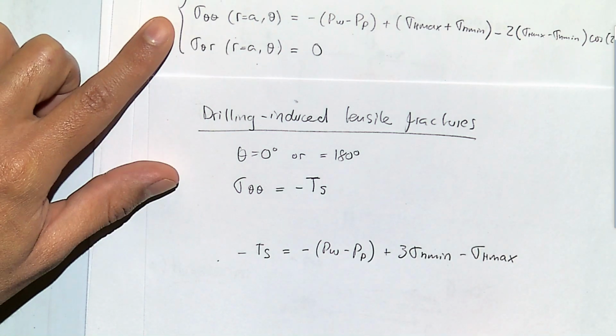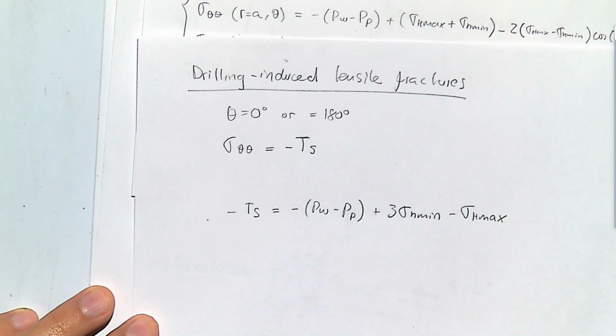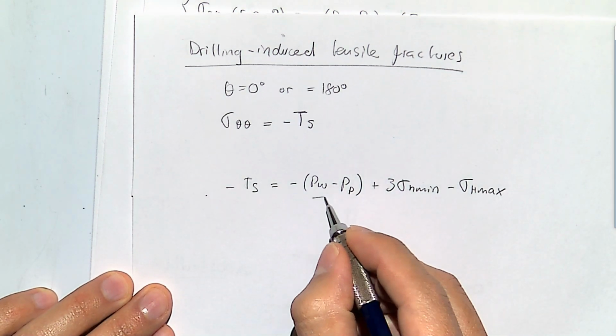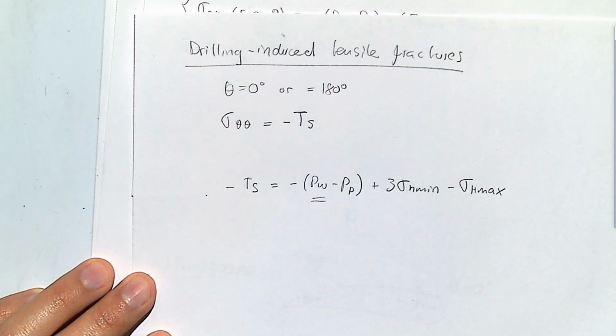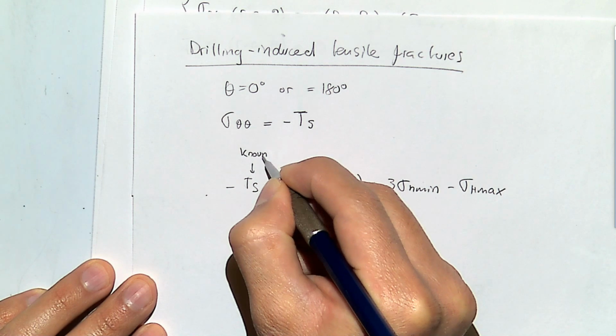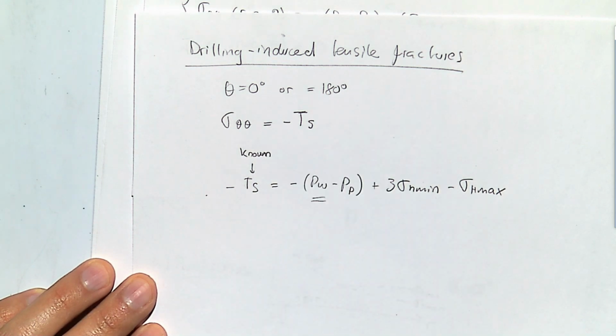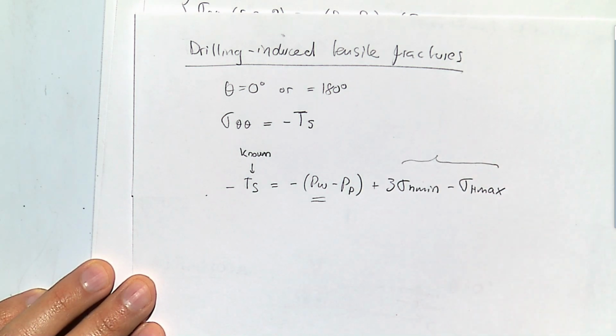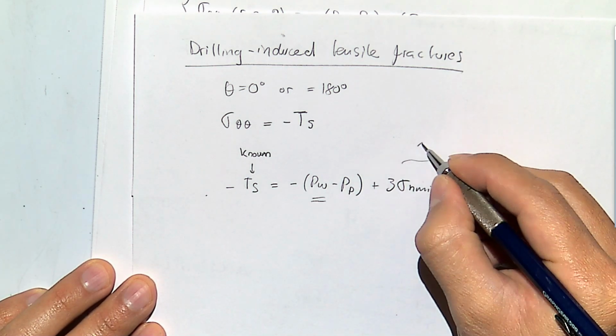And from here, what I like to do is to find out what is the pressure in the wellbore that is going to cause that tensile fracture. Because this one, I can measure it. I can send rocks to the laboratory and get to know what that value is. Ideally, some of these two also could be known.